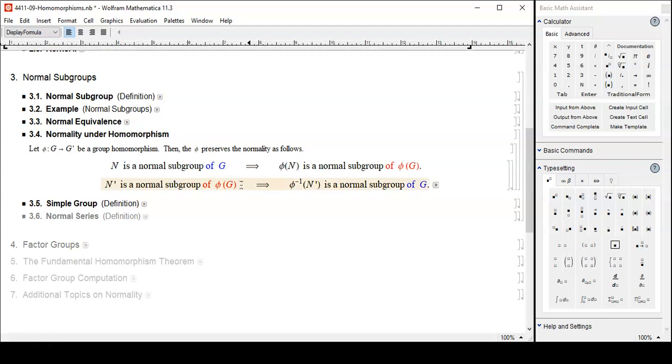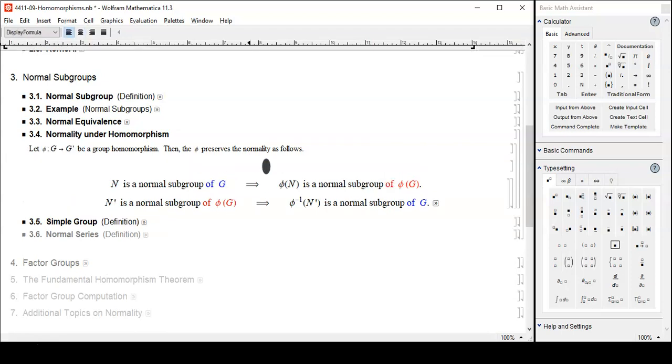That's what we have to consider, because this phi of G is a subgroup of G prime. You see, the homomorphism here is, as a matter of fact, acting like this. Let's put some space here.